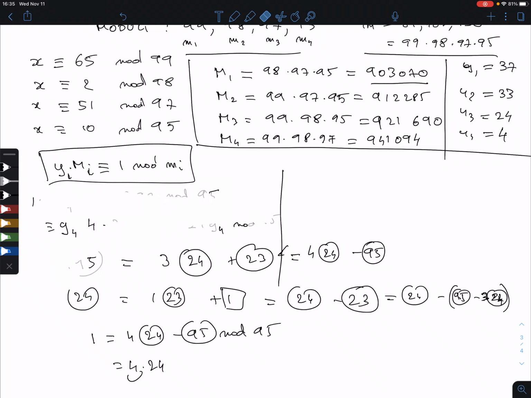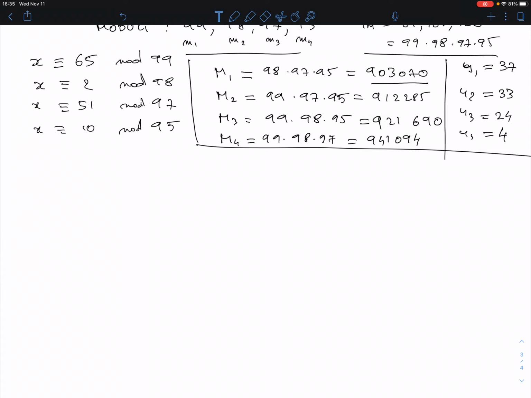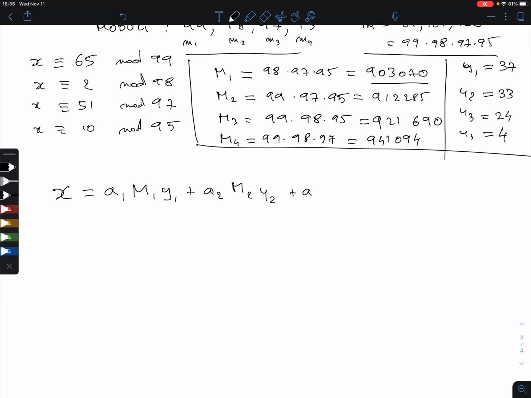Okay, so let's get rid of all the calculations because everything is done. And now we have to just write down what the Chinese remainder theorem tells me. Well, x is going to be a1 M1 y1 plus a2 M2 y2 plus a3 capital M3 y3 plus a4 capital M4 y4.